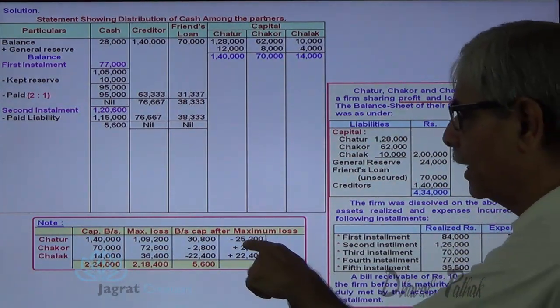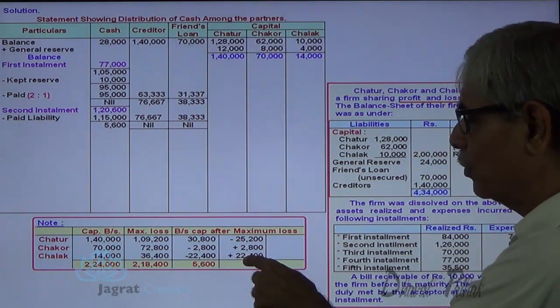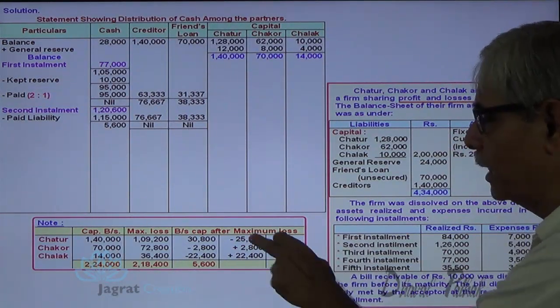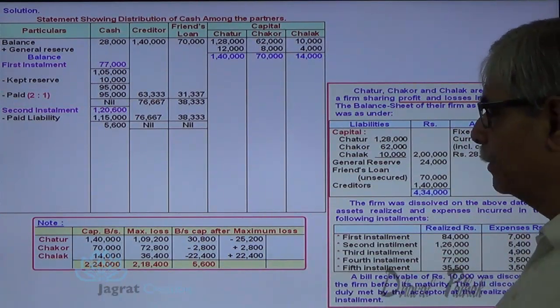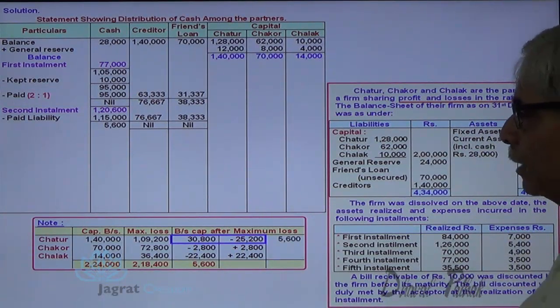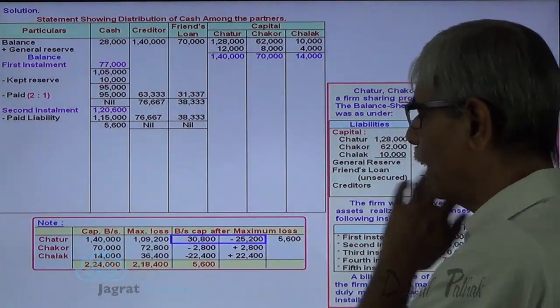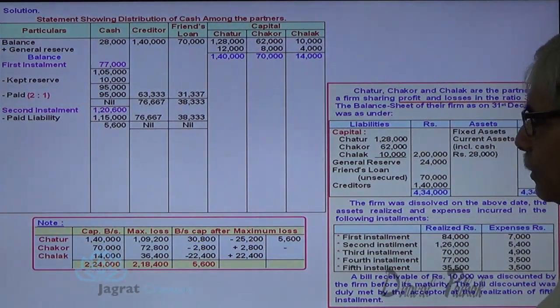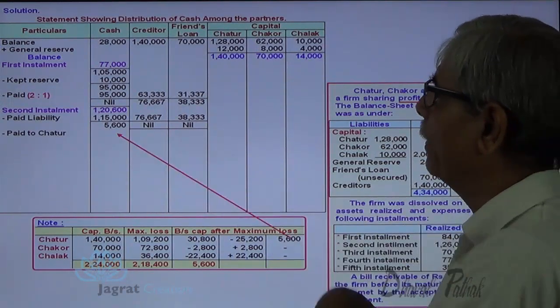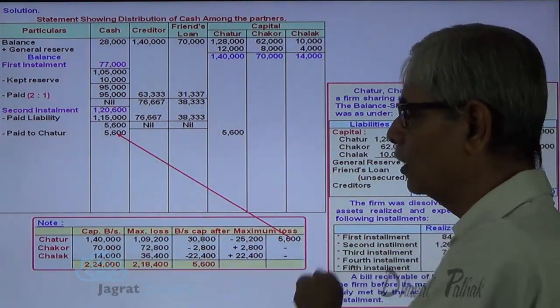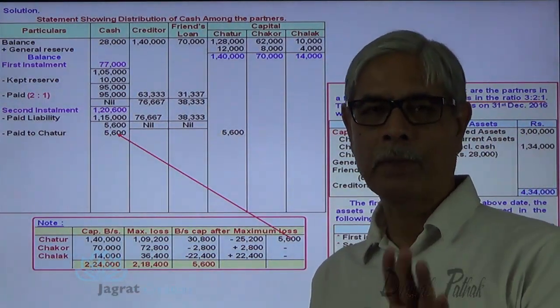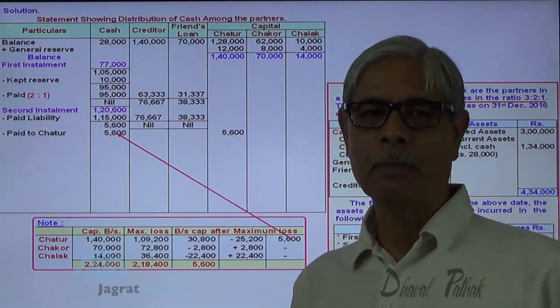So Chatur's capital account is deducted with the total 22,400 plus 2,800, that is 25,200, and after deducting this adjustment, you get the amount payable to Chatur, 5,600. No amount is payable to Chakor and Chalak. So this 5,600 is to be paid only to Chatur. This is what we have concluded on the basis of this note prepared under the maximum loss method.